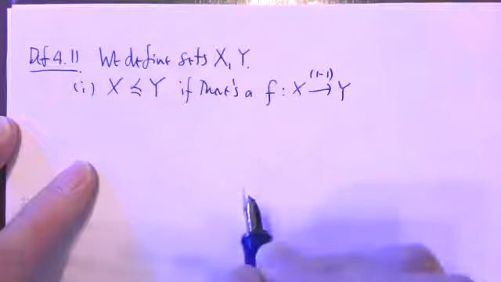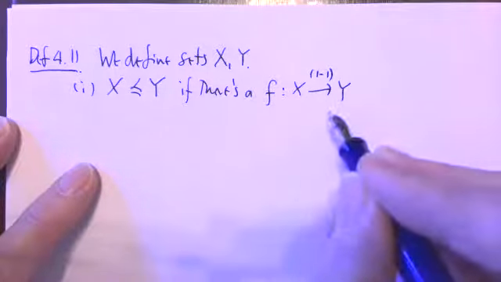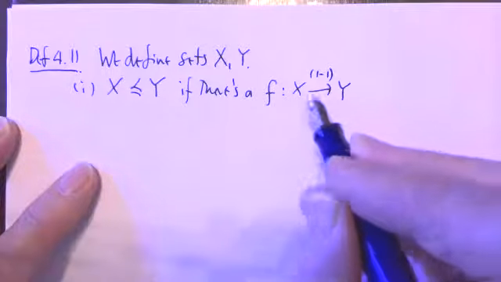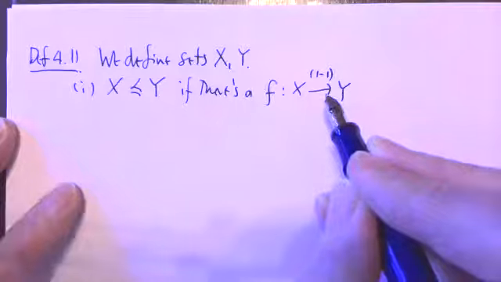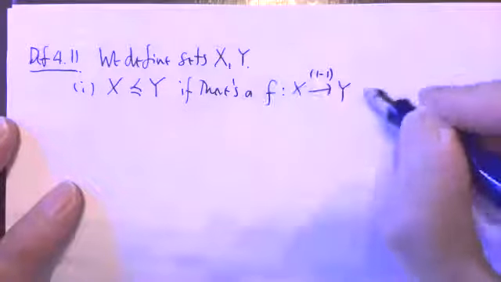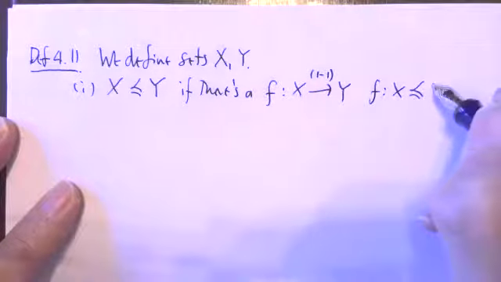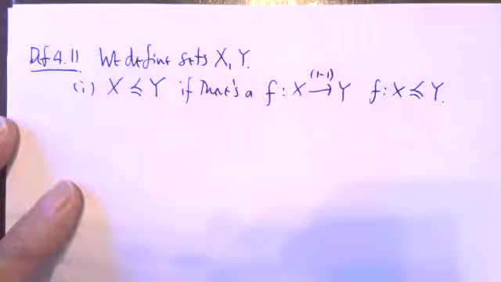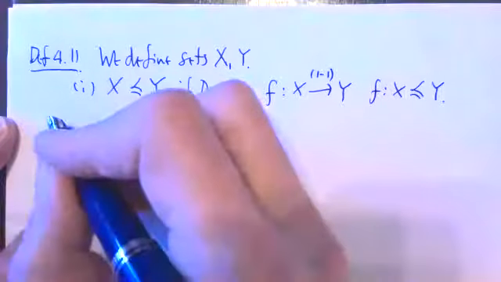Not necessarily onto. If it was one-to-one and onto, we'd be saying they're equinumerous. But there's an injection from X into Y. And again, we're going to write things like F witnesses that X is injectable into Y.